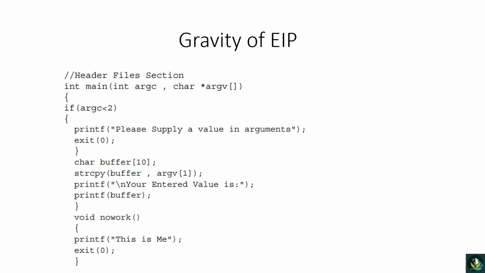However, let's see what the content will be that will override the EIP. We need to override the EIP with the address of the function that we want to execute. Therefore, we need to find the address of the function. What we can do is load the program into GDB and search for the start address of the no work function.